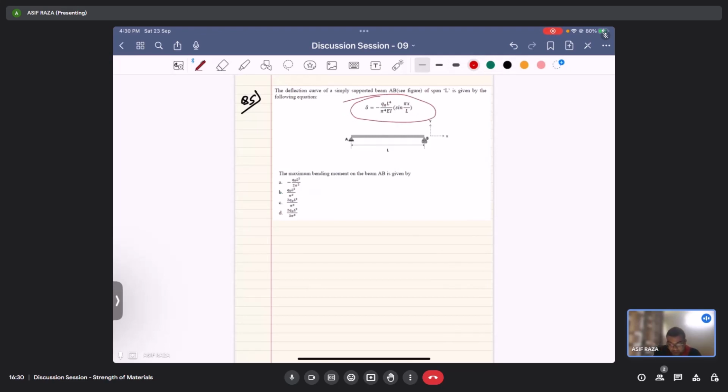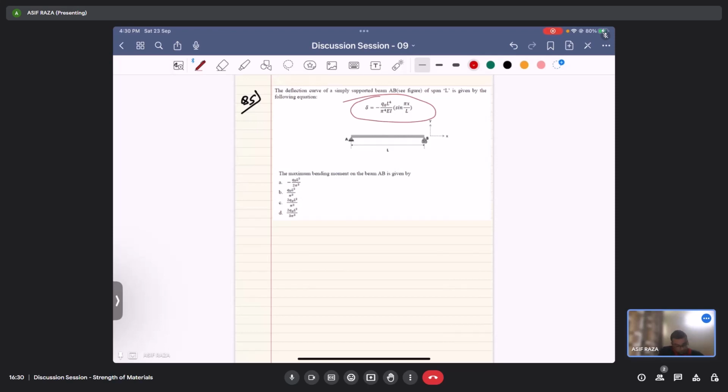And the question is, the maximum bending moment on the beam AB is given by, and the options are: minus q naught L square upon 2 pi square. Option B is q naught L square by pi square. Option C, 2q naught L square by pi square. Option D, 2q naught L square by 3 pi square.